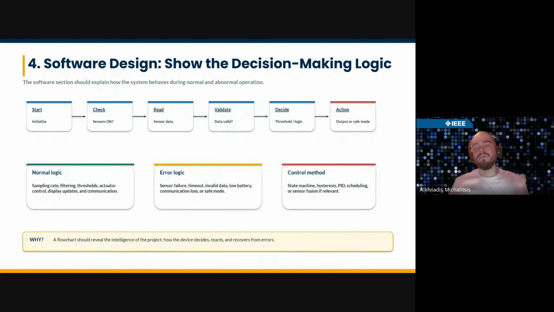We should think of all the different possibilities, and if not, we should put some kind of default, like worst case scenario, do this. Okay, so as I said, the software section should explain how the system behaves during normal and abnormal operation. So you might create a flowchart or design logic with initialization, the starting of our logic.